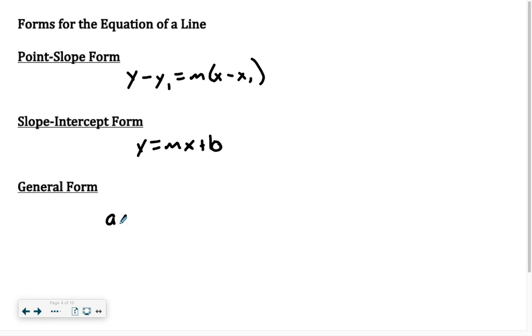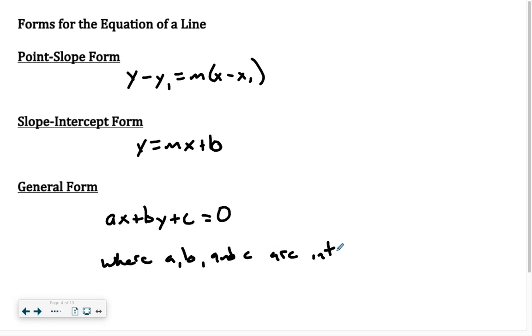And the last one is probably the one you're least familiar with. The general form of a line is ax plus by plus c equals 0, where a, b, and c are integers.